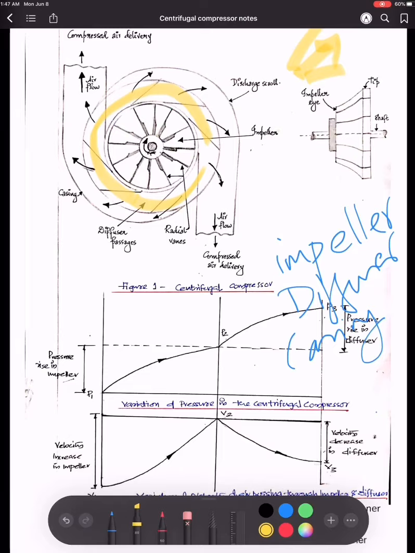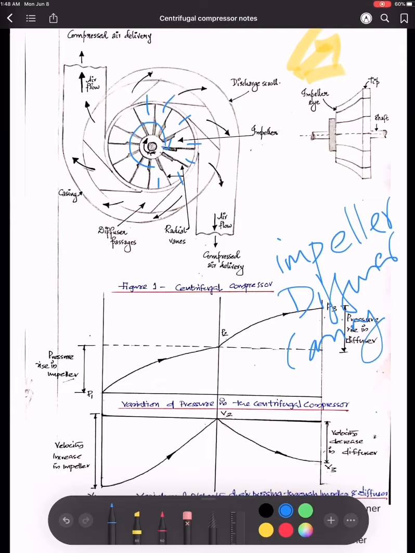Now the whole thing is fitted inside a casing, right? Now listen very carefully. The whole casing will be filled with air. Since it is already filled with air, when the impeller rotates, the air will be thrown outwards in this way.